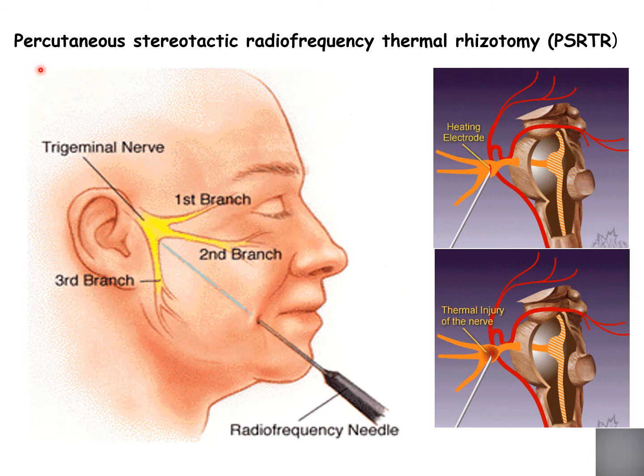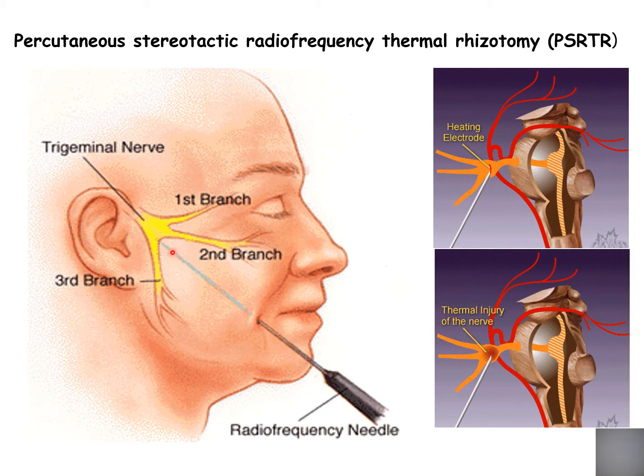Another option for operative treatment of trigeminal neuralgia is percutaneous stereotactic radiofrequency thermal rhizotomy. So basically the procedure involves using a 100 mm needle which is passed through the skin, and the trigeminal ganglion is approached through the foramen ovale.